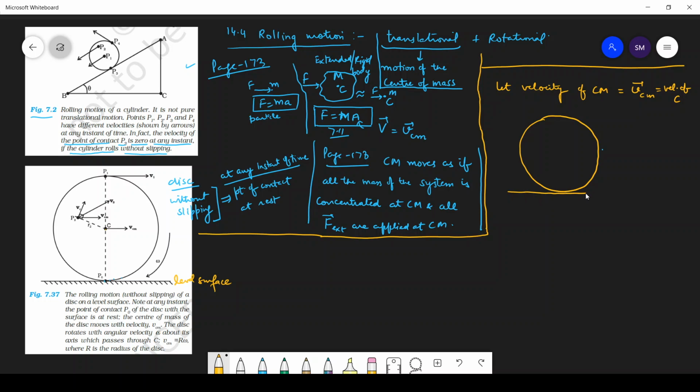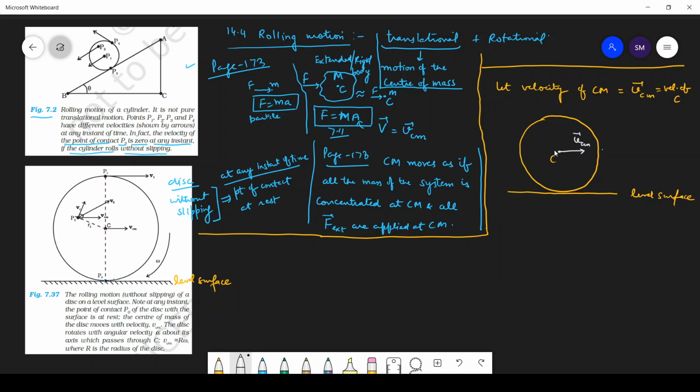This is my level surface, and this point is the geometric center of the disk, and this is the velocity of the center of mass. Always keep in mind that this is the magnitude and this is the direction of the velocity of the center of mass. That's what we do with vectors. And this is the rotational motion of the disk about the symmetric axis passing through point C.